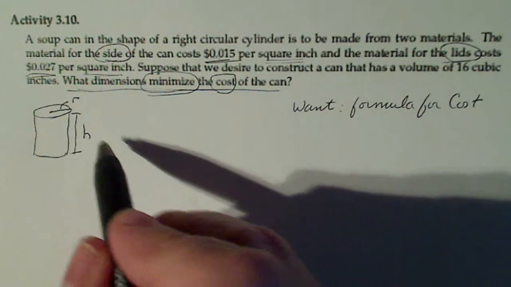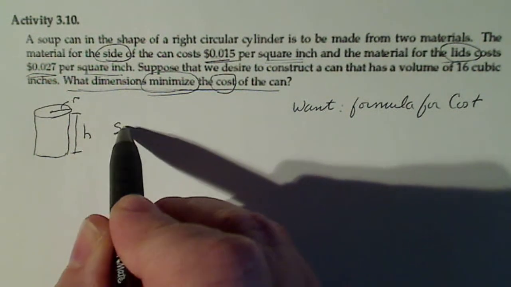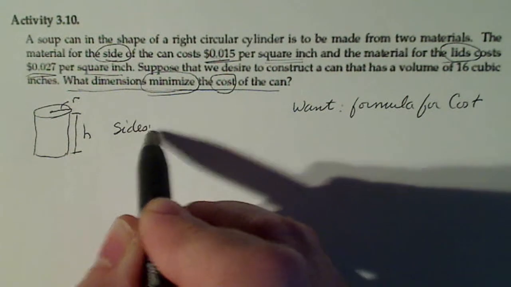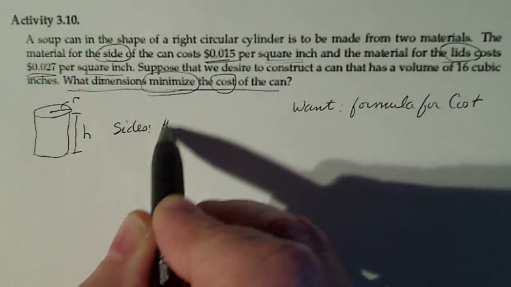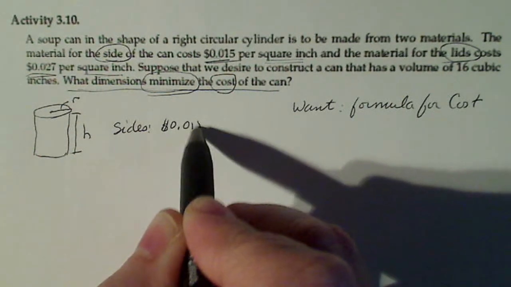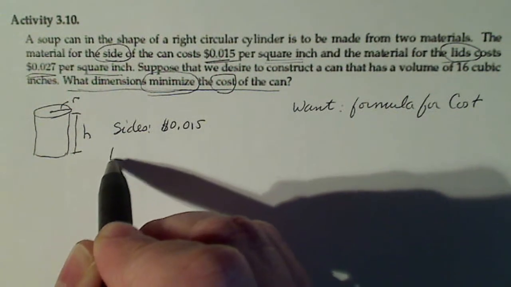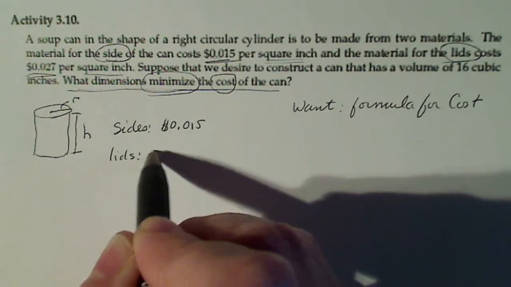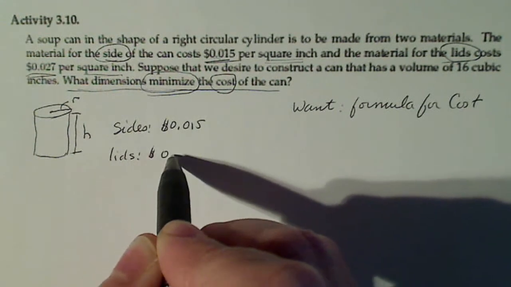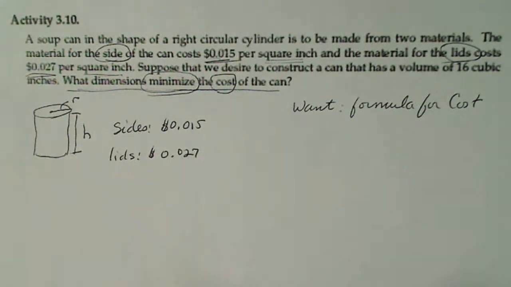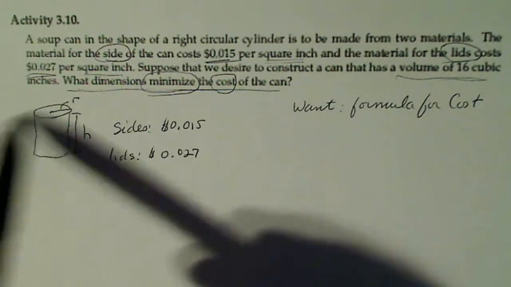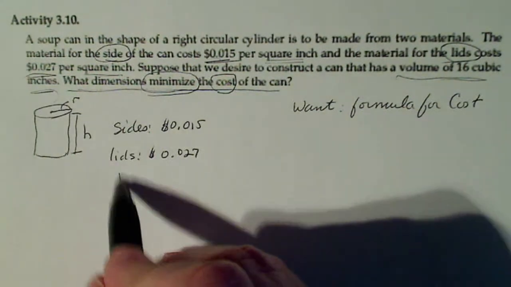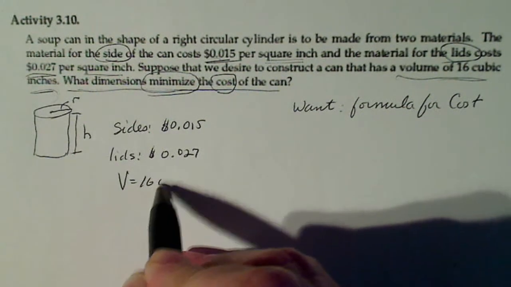And I know that the sides are going to cost $0.015, and the tops, or the lids, I guess is what they say, are going to cost $0.027. Now it also gives us the volume is 16 cubic inches.